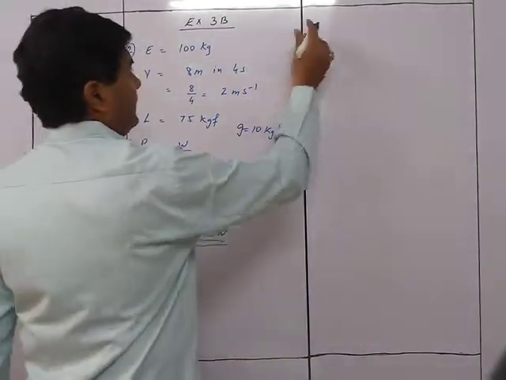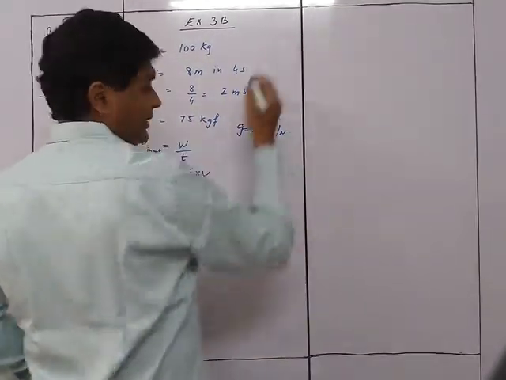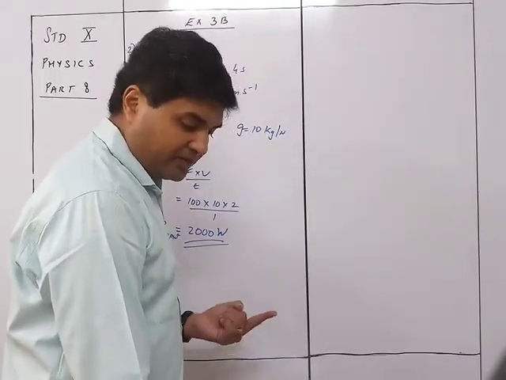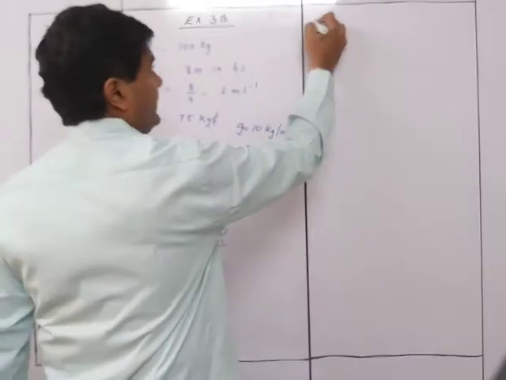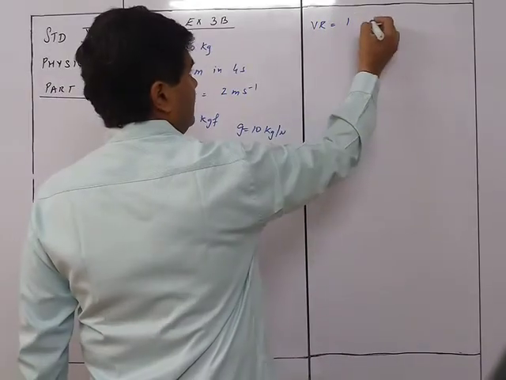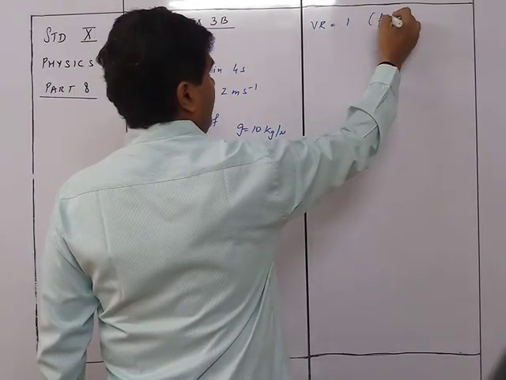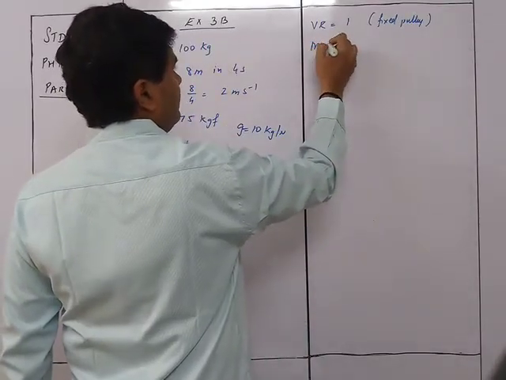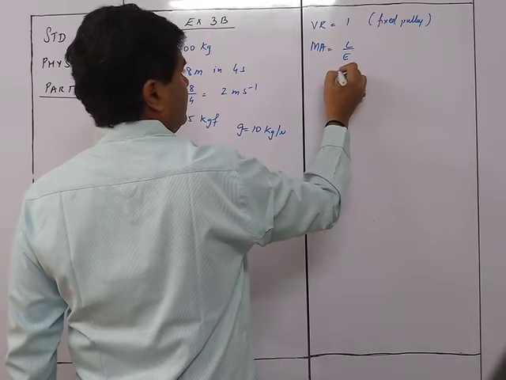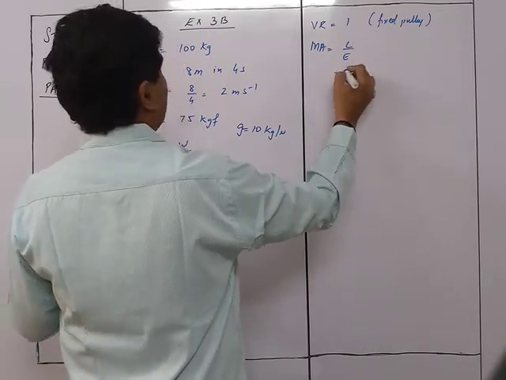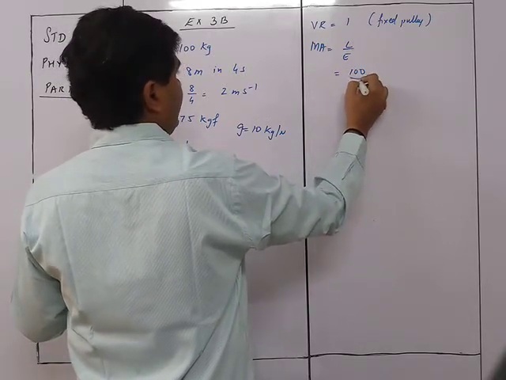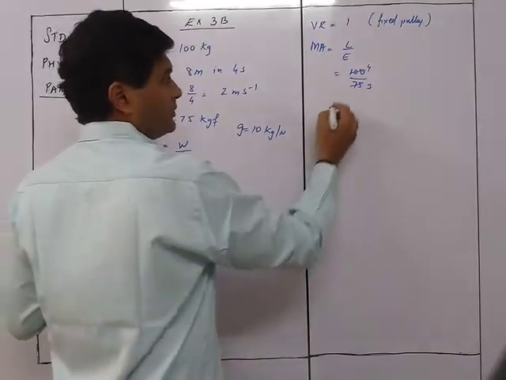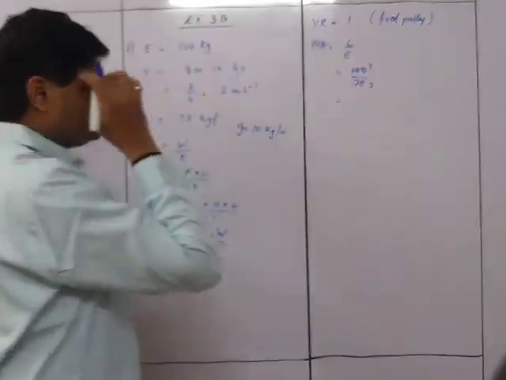Okay, so we have over here the MA. See, VR is 1 because it's a fixed pulley, so VR is equal to 1, fixed pulley. And MA is going to be load upon effort, which is equal to 100 upon 75, so that will be equal to 4 upon 3, right?